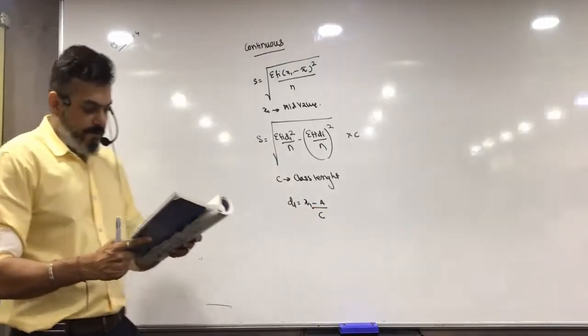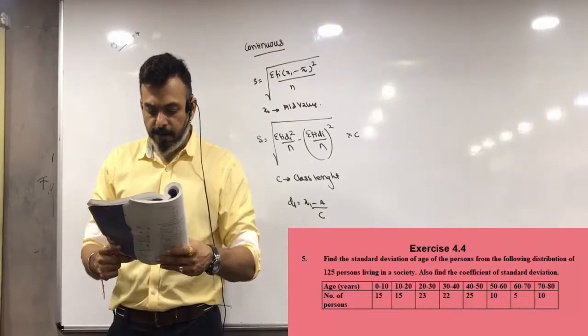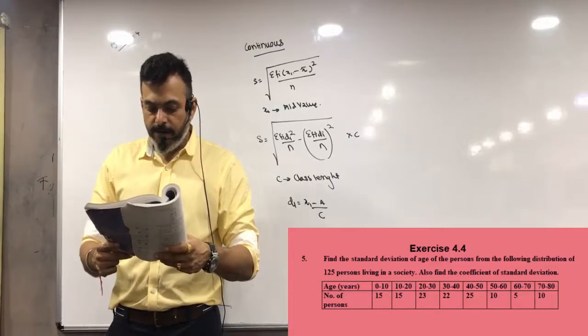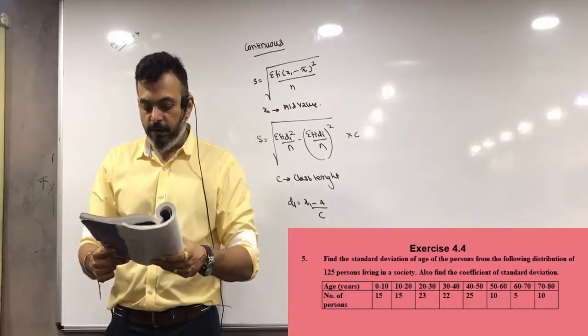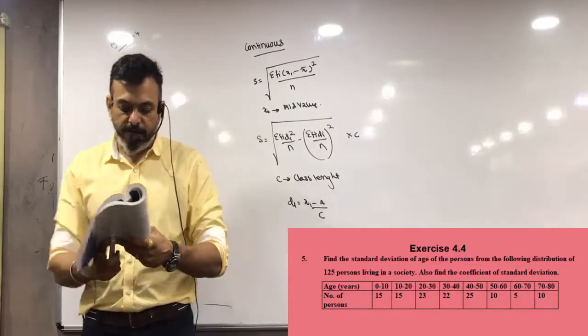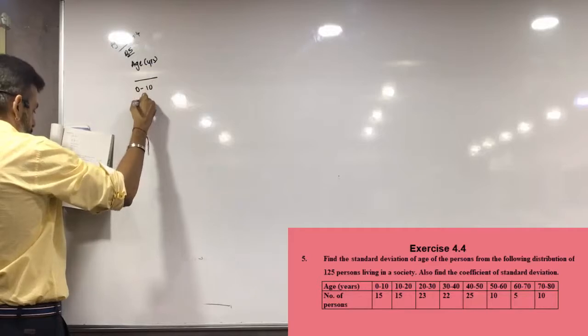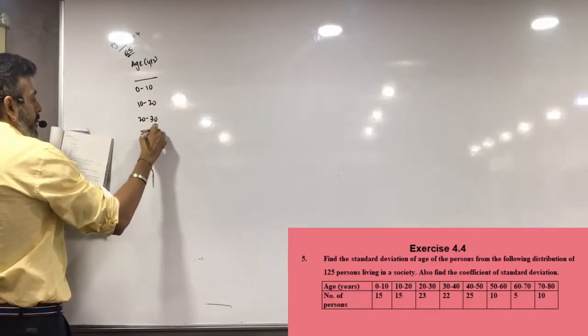Come to question number 5. Find the standard deviation of age of person from the following distribution of 125 persons living in a society. Also find the coefficient of standard deviation. Let's write the question in years. 0 to 10, 10 to 20, 20 to 30, 30 to 40.